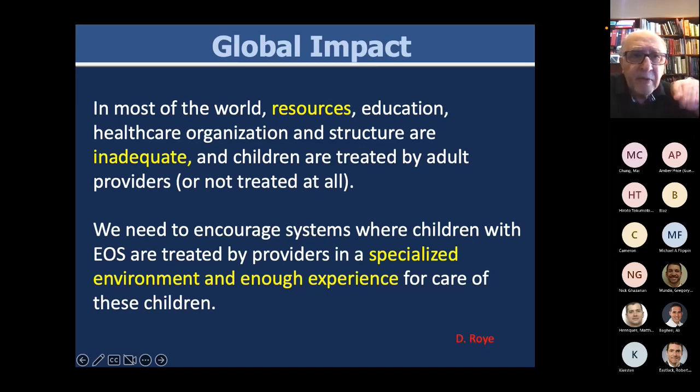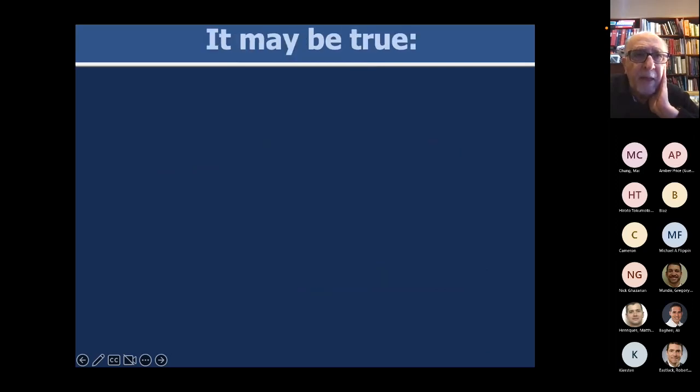And that's probably the main area of focus of the GSO and the travels around the world. Probably Greg can tell you that the most difficult issues that all the surgeons are dealing with are EOS, and a lot of adult surgeons are really not familiar with it. So that's what we need to be mindful of.